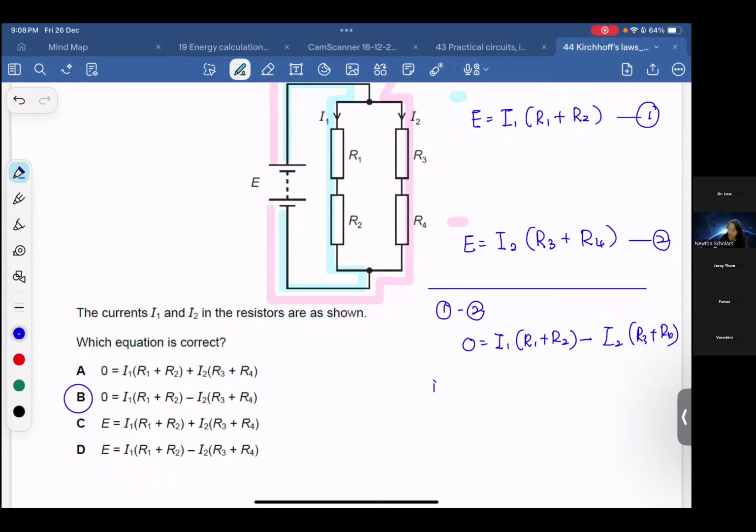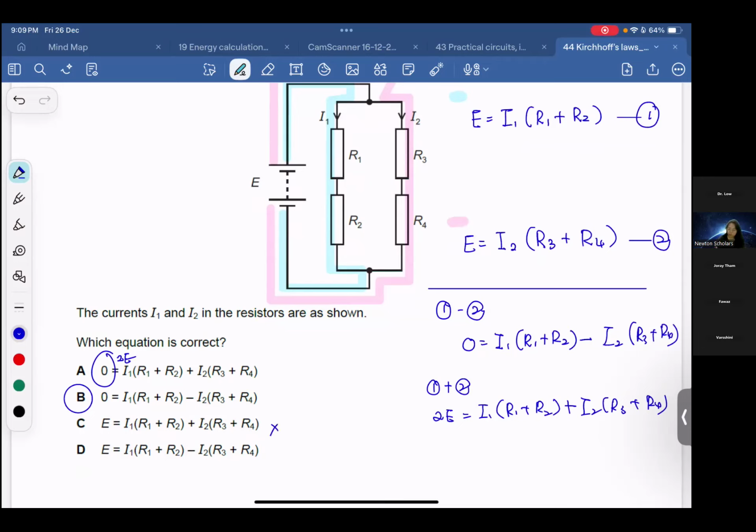If you add them together, then it should be 2E equals I1 times R1 plus R2 plus I2 times R3 plus R4. So this answer is wrong. If it were A, it should be 2E, not 0. E is either I1 times R1 plus R2, or E equals I2 times R3 plus R4.